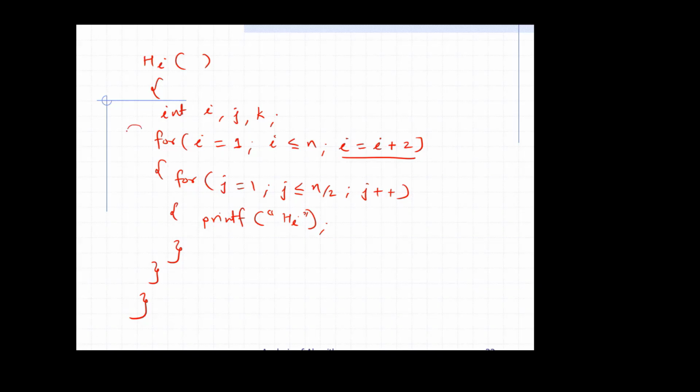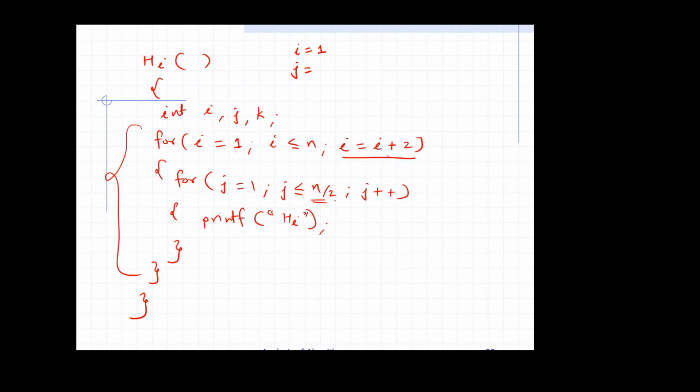Now how are we going to calculate the time complexity? Again, we are going to check for each value because it is not straightforward. If it were going 1 to n with step size 1, and 1 to n with step size 1, then it would be big O of n square. Right now, let's check what happens for different values. When I becomes 1, how many times will the inner J loop run?